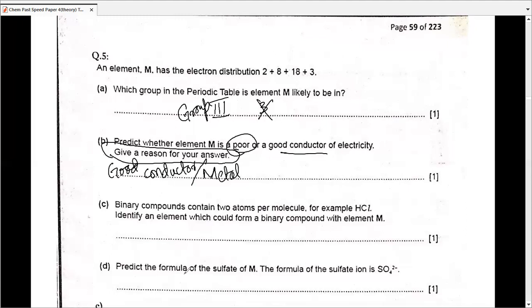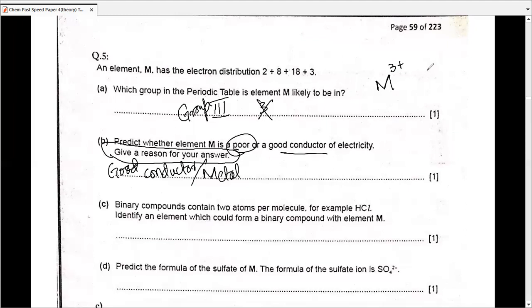Next up. I don't know the answer for that. There is such a big example in front of you. Come on. Binary compounds contain 2 atoms per molecule. For example, HCl. Identify an element which can form a binary compound with element M. Now, since M is present in group 3, it is going to have a 3 plus charge.